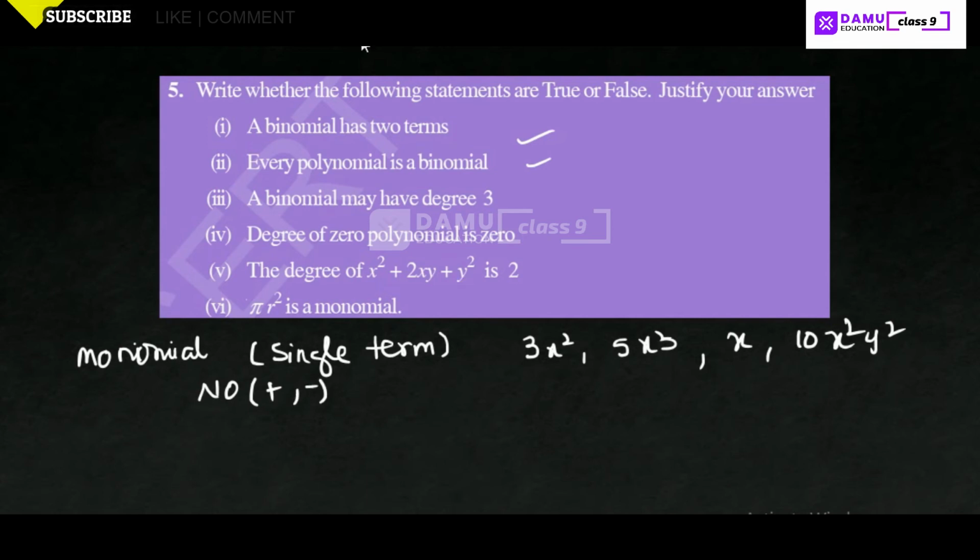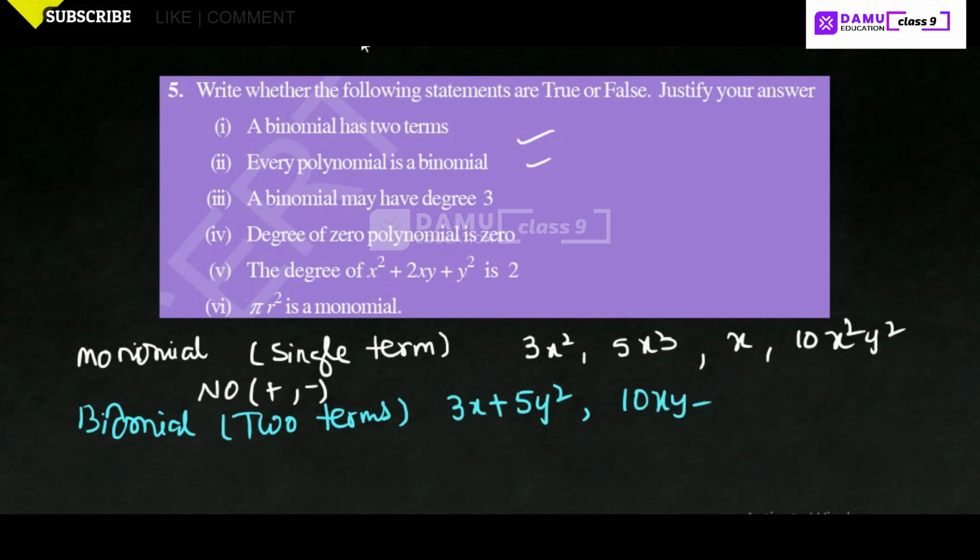Next, what is a binomial? A binomial is equal to two terms. Two terms should be there. Let's take 3x plus 5y square, or 10xy minus 10z. Like this, two terms will be present. Then a trinomial is equal to three terms, with plus or minus combinations.